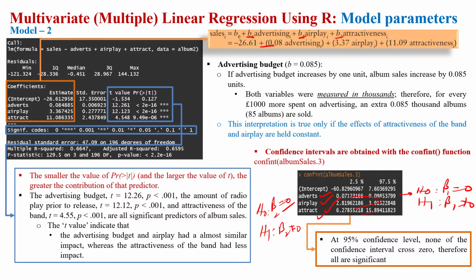As we can see, this is a positive effect, this is also positive, this is also positive. So by investing more and more in the advertisement budget or expenditure, we will be able to increase the sales. The more the song is played on the radio, the higher the sales will be for that particular album, and so on.